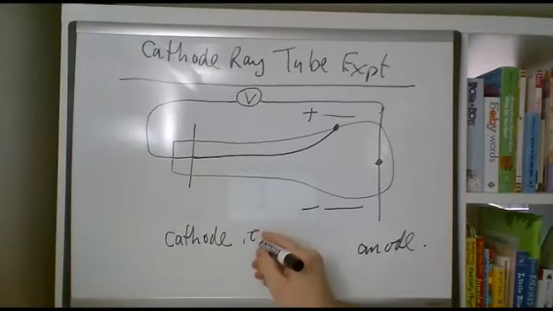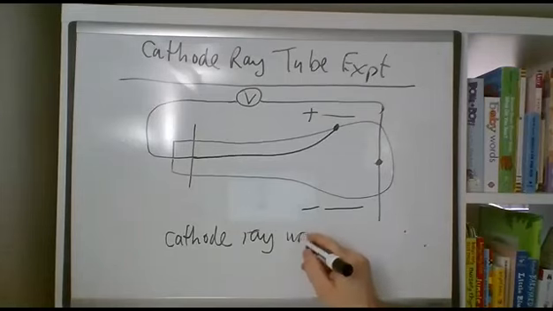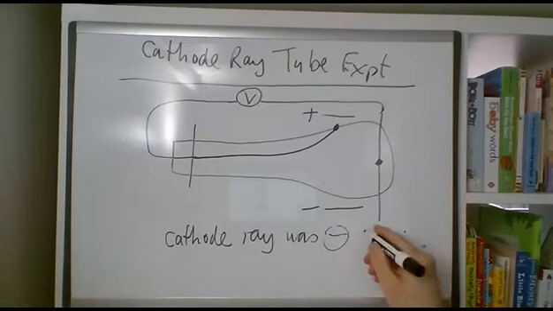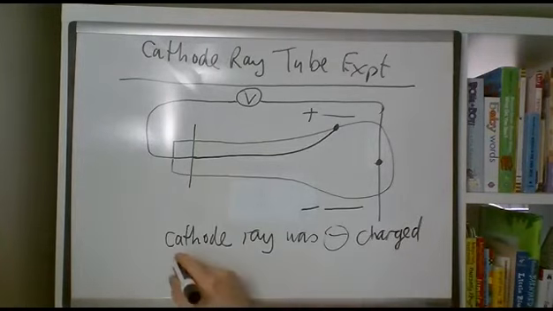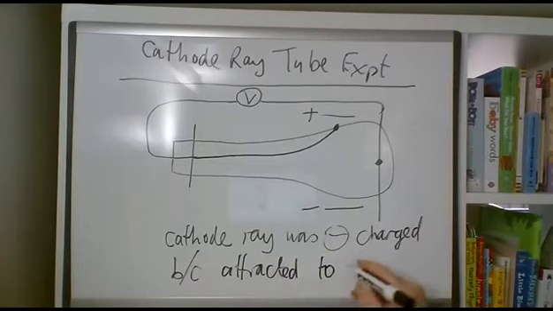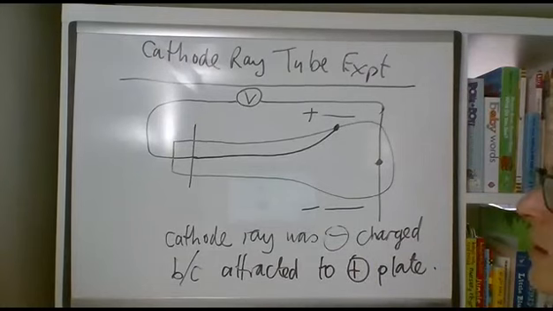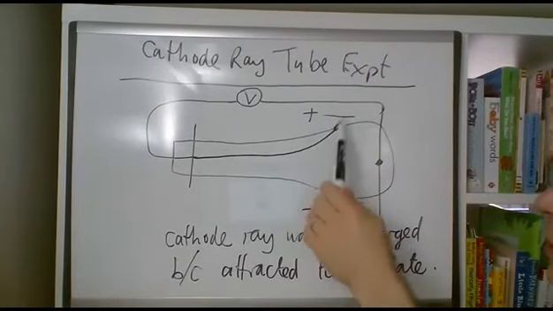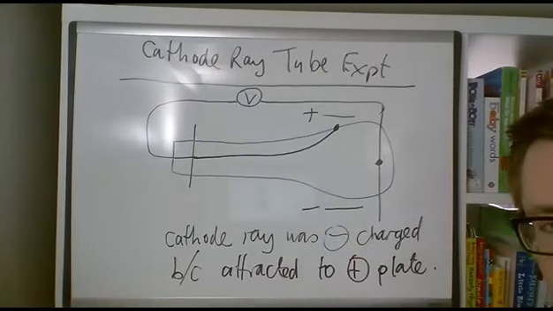So this cathode ray, he knew, was negatively charged because it was attracted to a positive plate. He knew that opposite charges attract, and he knew it was attracted to a positively charged plate. So the thing that was being attracted had to be negatively charged.